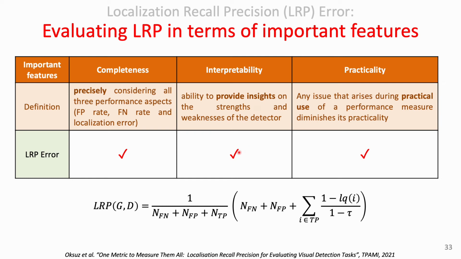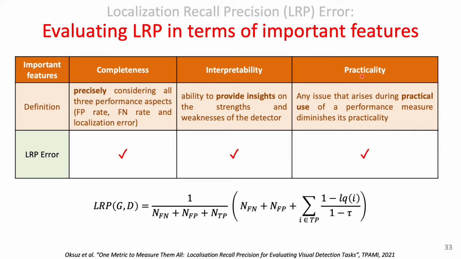If we summarize how LRP error performs in terms of the important features, we showed that LRP is complete because it considers false positive rate, false negative rate, and localization error, similar to panoptic quality. It is interpretable because it can be written as a summation of three components: a localization component, a false negative component, and a false positive component.